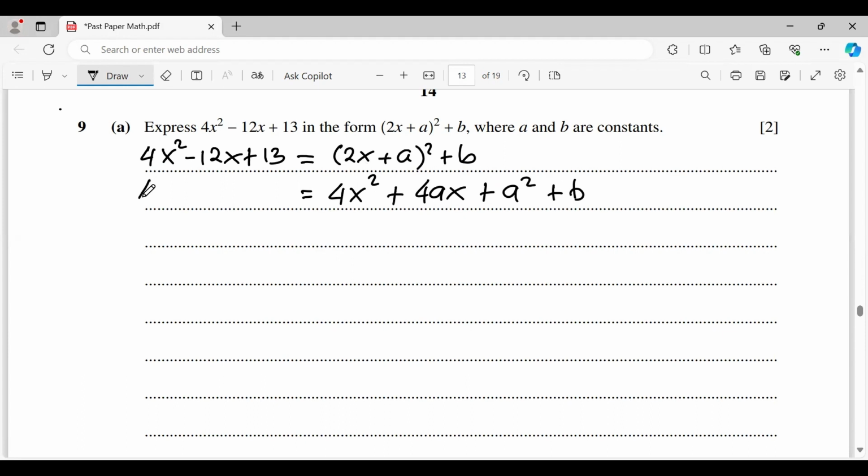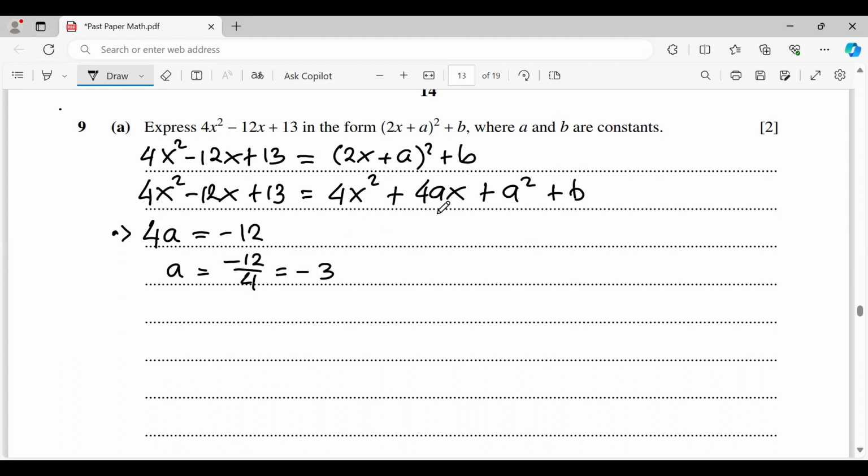So this form equals 4x squared minus 12x plus 13. Now, look the coefficient. The coefficients x squared is same 4 and it's 4. And the coefficients of x are 4a and negative 12. So it means we can state that 4a equals negative 12. So it means a equals negative 12 over 4 is negative 3.